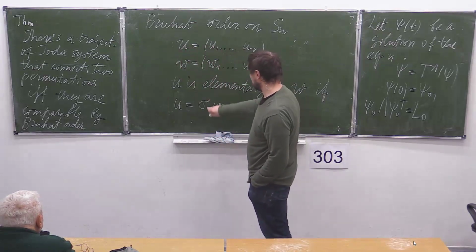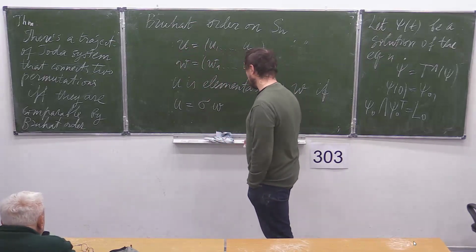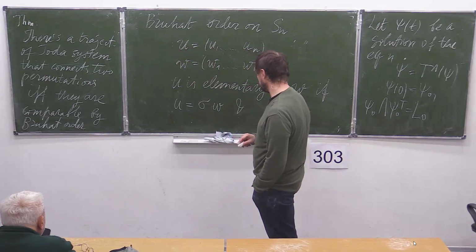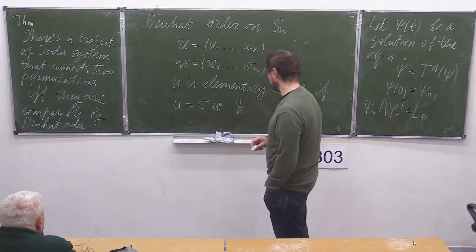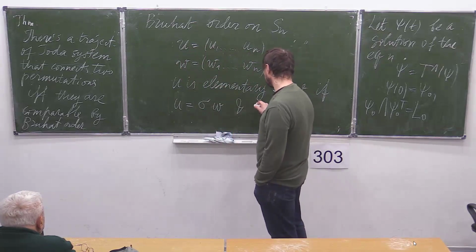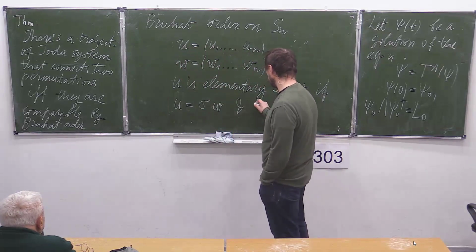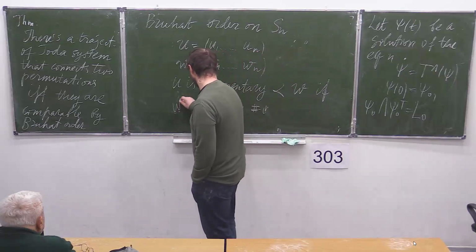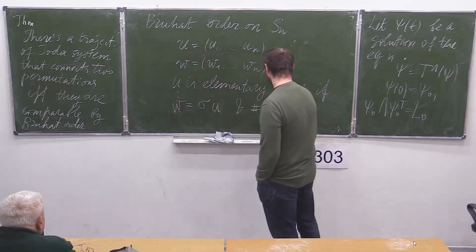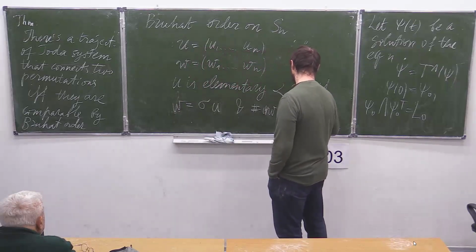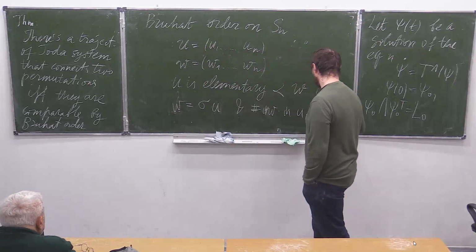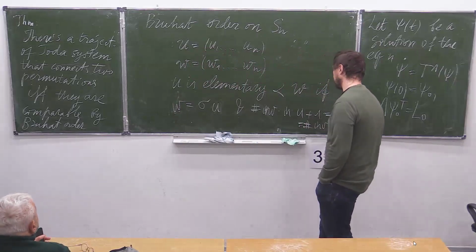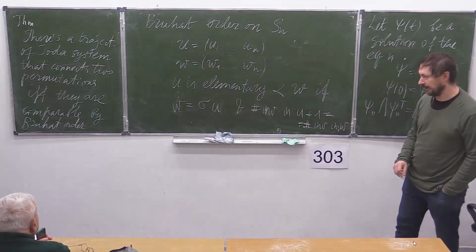I mean, the transposition of two elements. Not every transposition works, but you should also assume that the number of inversions in U plus 1 is equal to the number of inversions in W. As far as I can remember, this is the elementary relation.